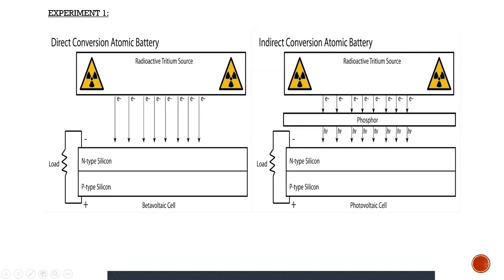So there is a middleman in between. The phosphor acts as a middleman and converts the radiation from the source to light energy, and then this energy is converted to electricity, much like a photovoltaic cell.